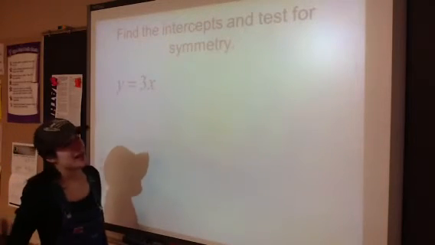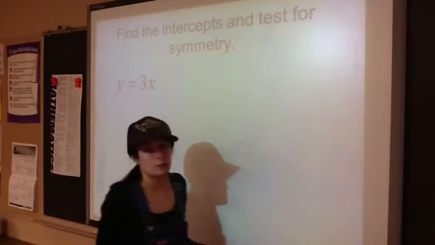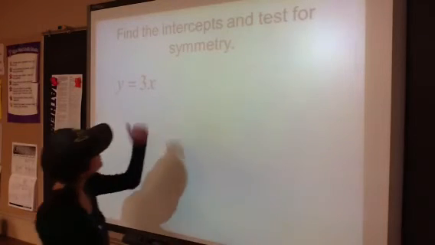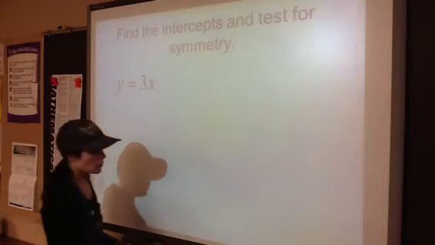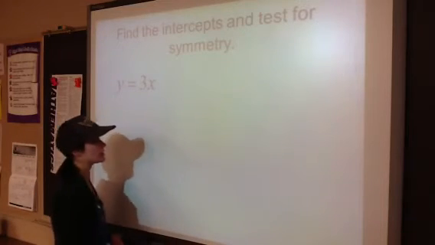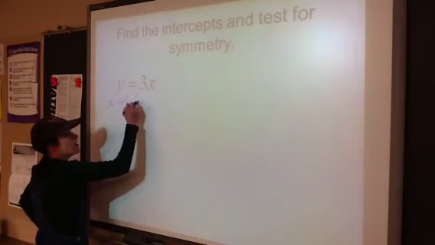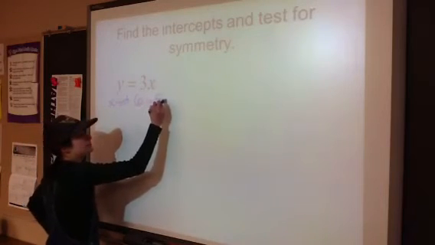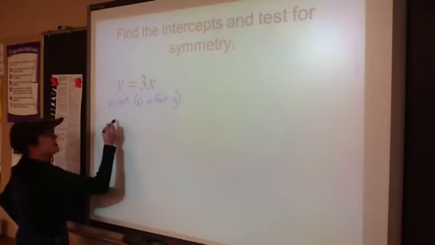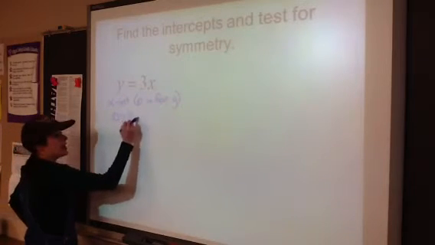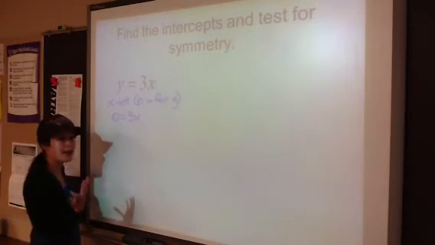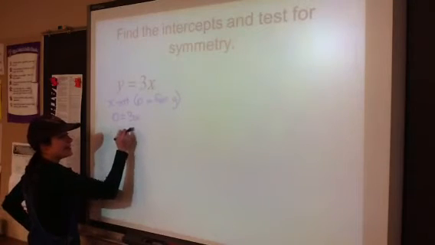Alright, so now, how do we find it algebraically? So this also wants us to find intercepts. We should know how to find x and y intercepts. To find an x-intercept, you put 0 in for y. So if I put 0 in for y, and I solve for x, what do you get? You get 0.